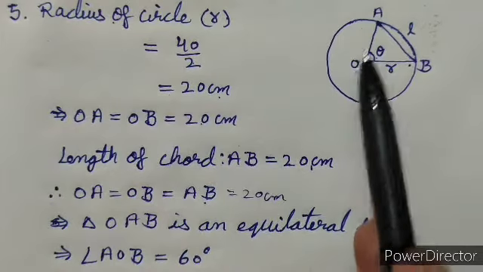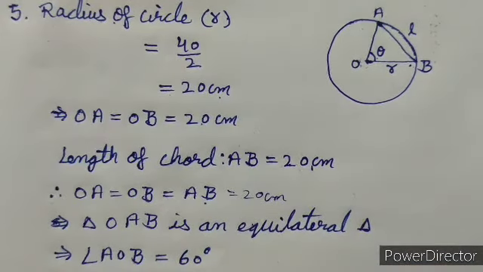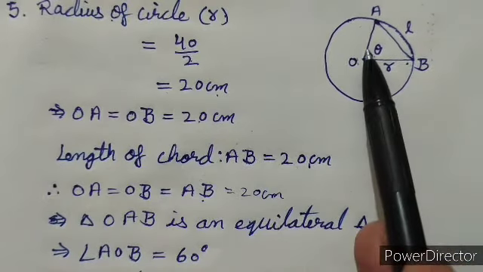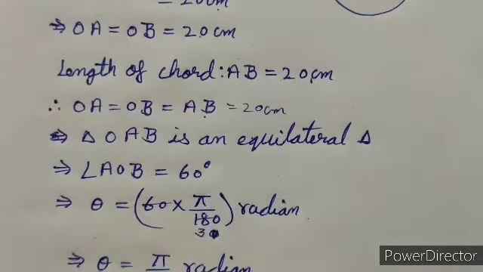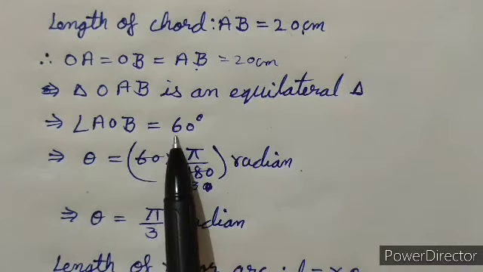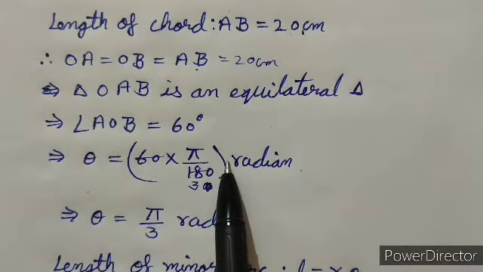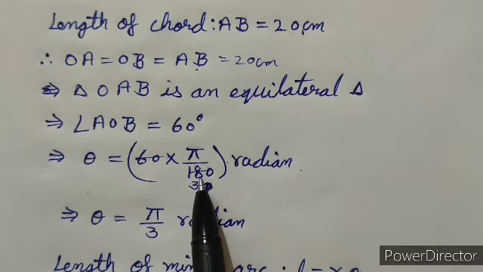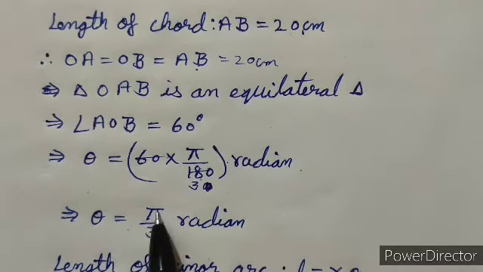Thus we can say that OAB is an equilateral triangle, and therefore angle AOB, that is theta here, will be of 60 degree. Now we will convert theta in radian by multiplying 60 degree by pi by 180, which will be equal to pi by 3 radian.